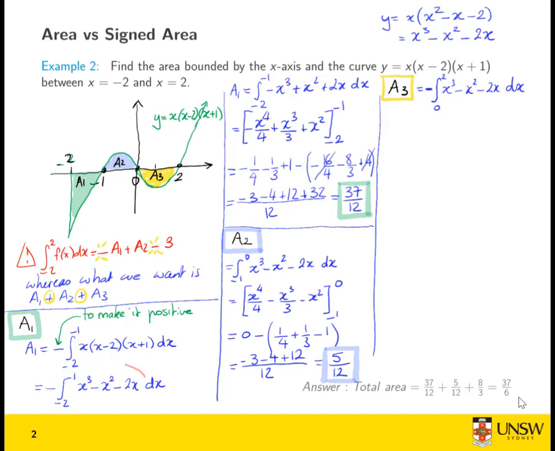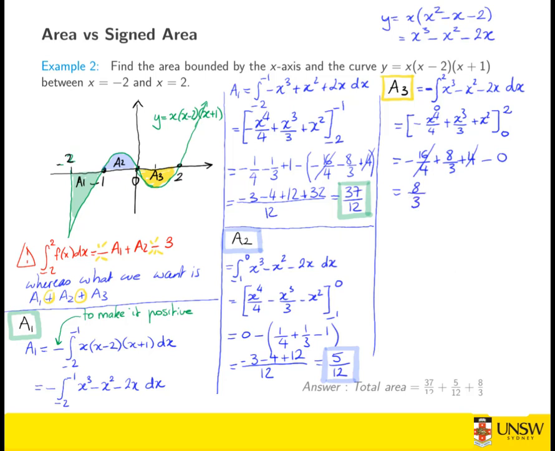Remember how we distributed the negative sign to get there? And then we found an antiderivative. We can really copy those results. We just need to change the endpoints. And now we sub in the values of our endpoints. We notice that the -4 and the 4 cancel, so the area A3 is equal to 8 on 3.